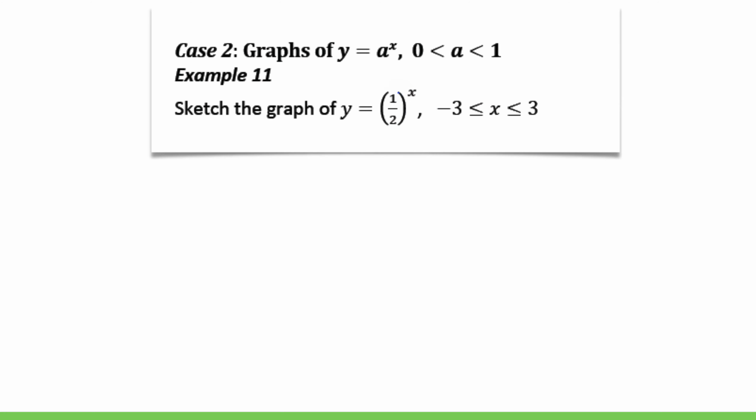When we have a graph that looks like this, so our base is between 0 and 1, such as (1/2) to the power of x, we can rewrite that (1/2)^x as 2 to the power of -x. So this is just simply a reflection in the y-axis, as we've already practiced before.